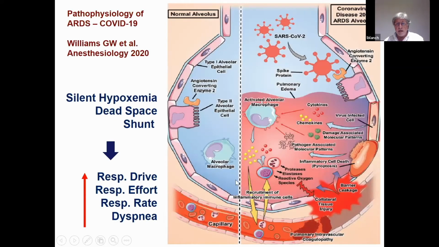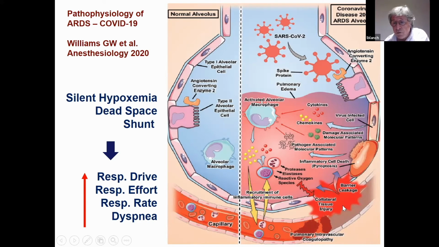Let's talk a little bit about COVID-19 and the information that we have right now. COVID is a new disease. I'm not going to talk about silent hypoxemia, but it's clear that there is an increasing shunt in the lungs, because there is loss of alveolar air.